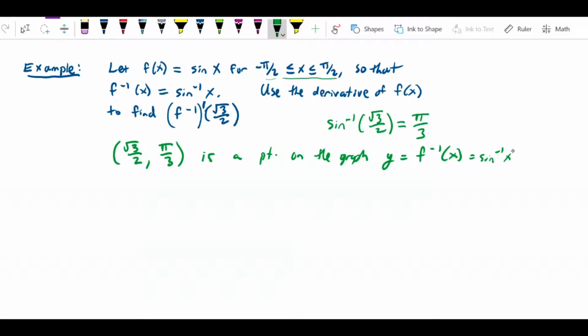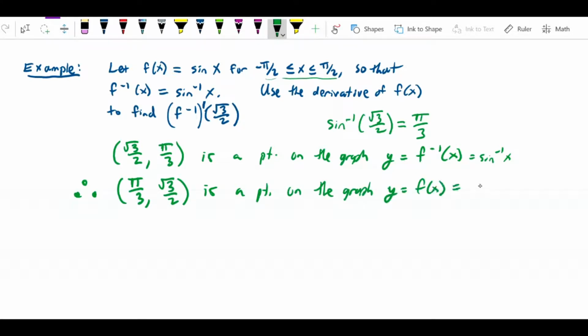So therefore, I think we've covered this, the three dots in a triangle is mathematics for therefore. Therefore, we know that if I just switch these coordinates, that means that pi over 3 comma root 3 over 2 is a point on the graph y equals f of x, which was sine x instead of arcsine x.